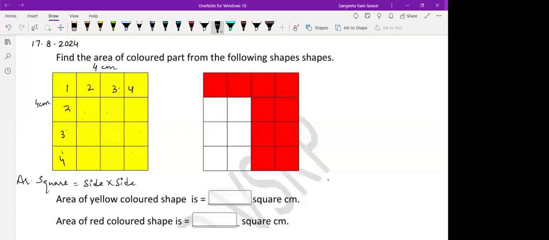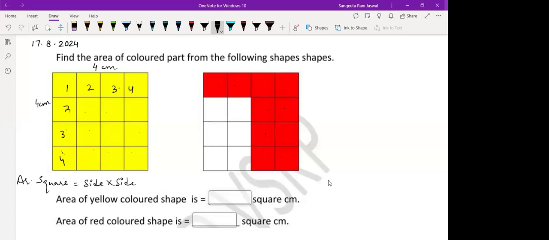Now let's see here how many squares there are, and how much is the colored area. Find the area of the colored part. So how many squares are there? 1, 2, 3, 4, 5, 6, 7, 8, 9, and 10.